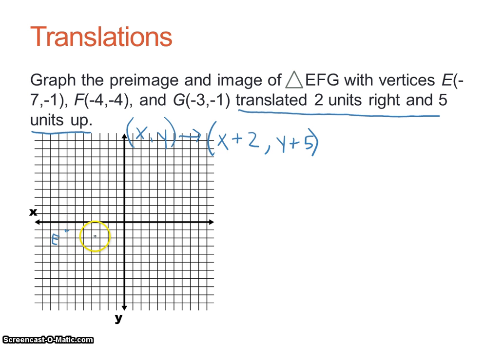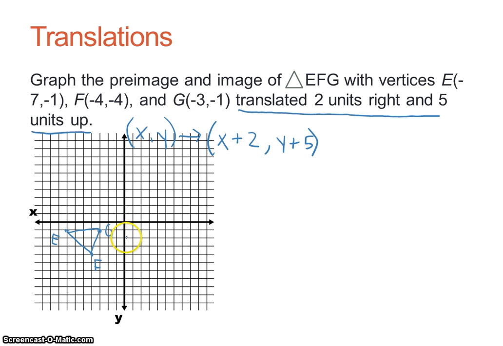Alright, we have F at (-4, -4). This is our F. And then we have G at (-3, -1). So here is our triangle, our triangle EFG, and it's our preimage.